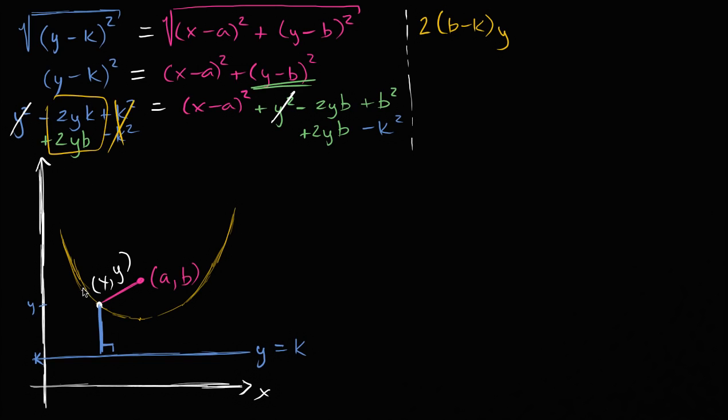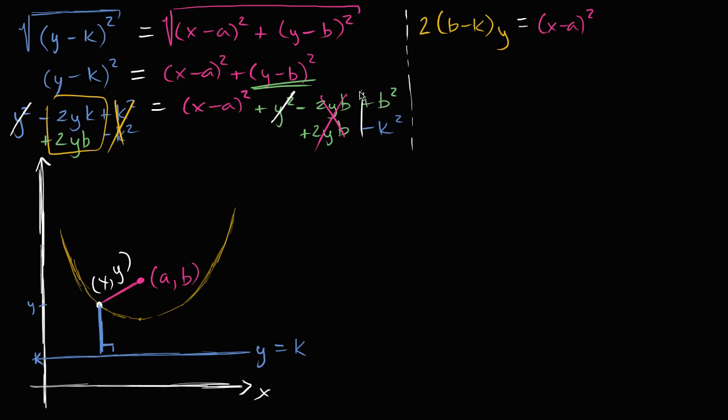These things cancel out. Now on our right-hand side, I promised you a little bit of hairy algebra, so hopefully you see that I'm delivering on that promise. On the right-hand side, you have x minus a squared. And then these characters cancel out, and you're left with b squared minus k squared.